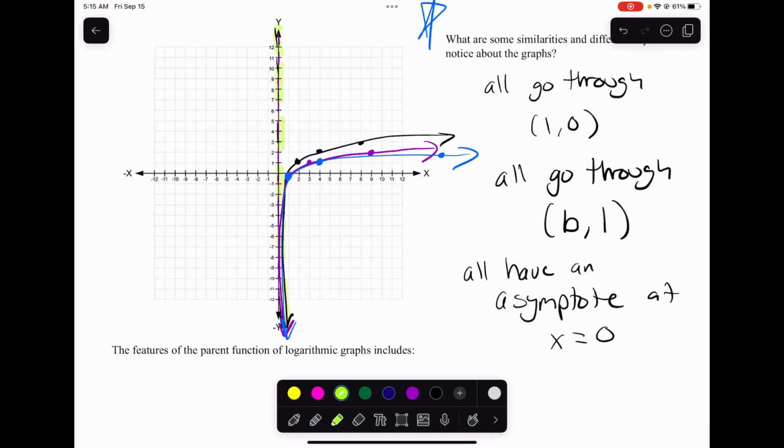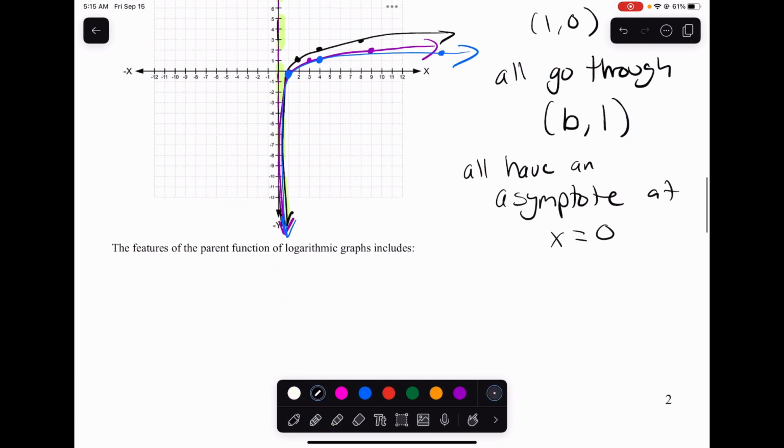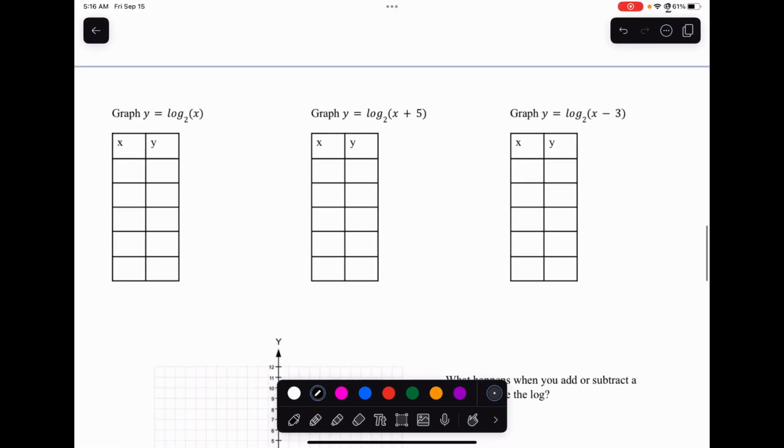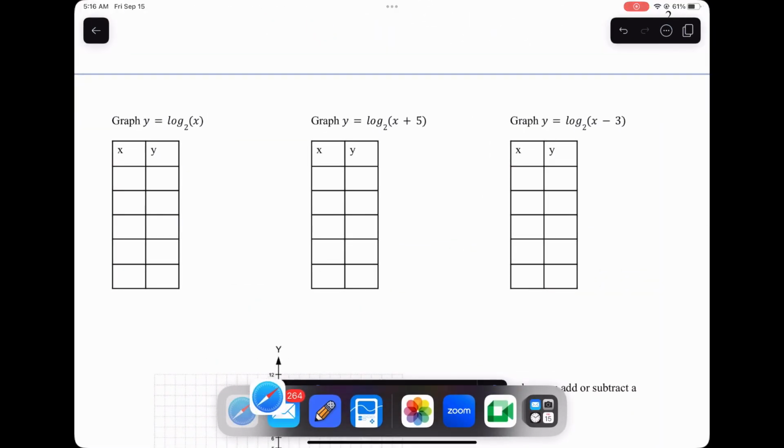So the features of a parent logarithmic function include 1, 0, b, 1, and x equals 0. Again, these are going to be anchor points that we refer to. All right. So now we're going to talk about actually transforming these graphs.